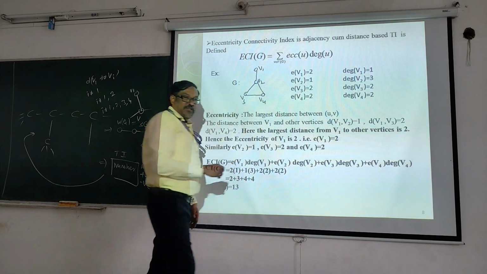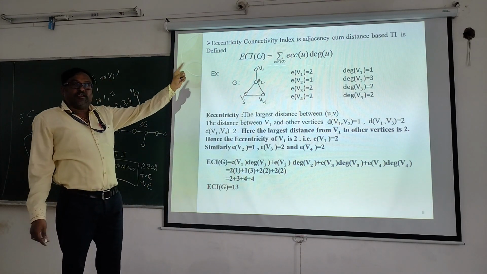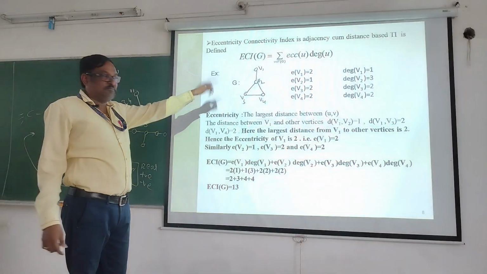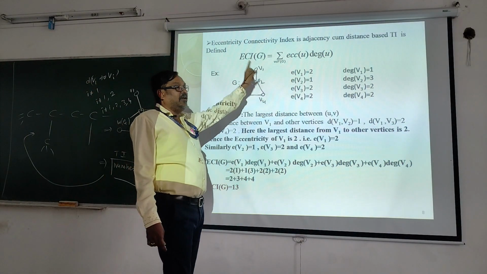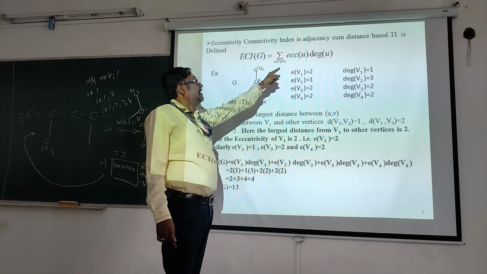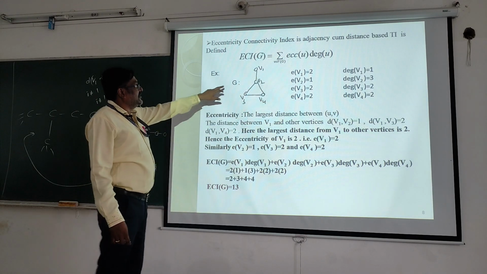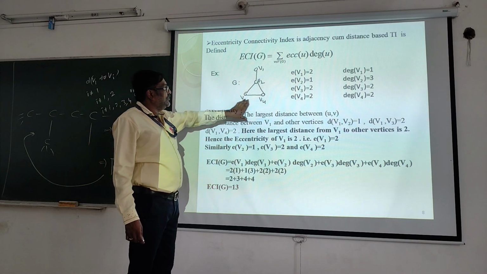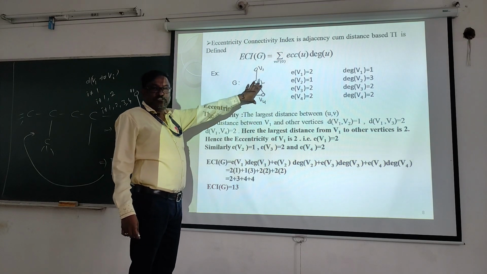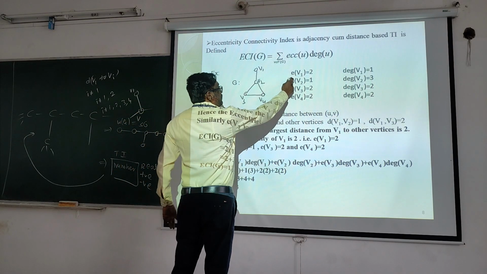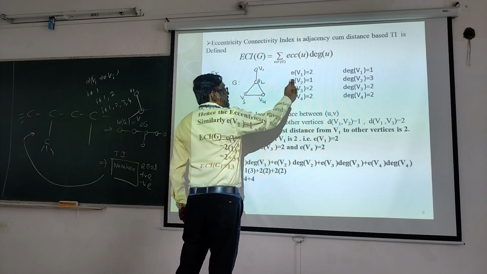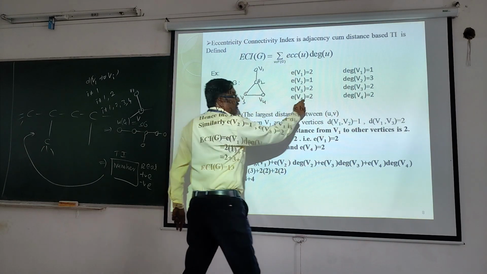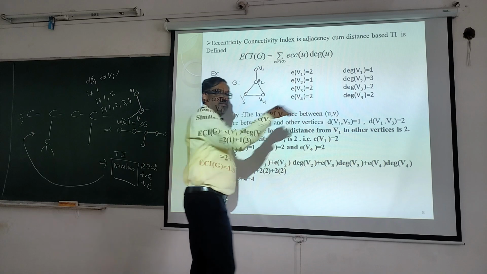ECI(G) is the summation over the vertex set V of G of the product of the eccentricity and the degree of the same vertex. So here I have written V1, V2, V3, V4 as the vertices of the graph: e(V1), e(V2), e(V3), e(V4), and degrees of V1, V2, V3, V4.